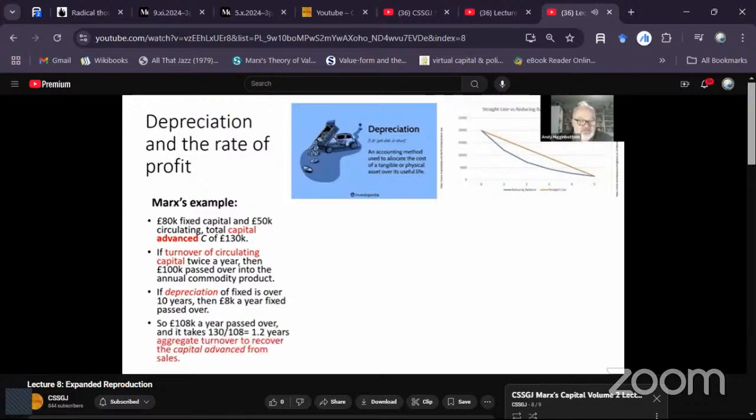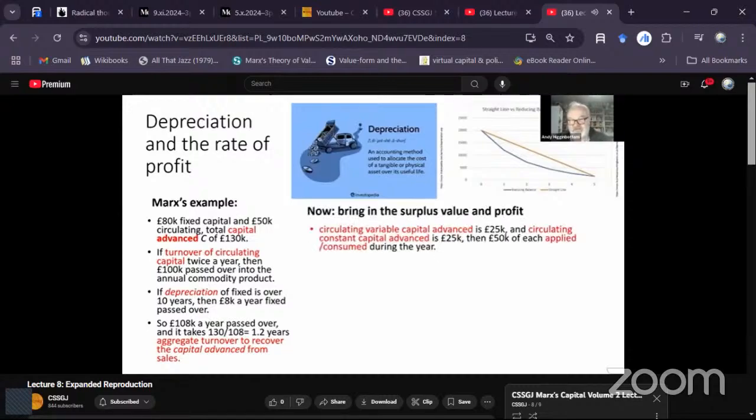But you can change the amount of capital advanced according to how fast circulating capital changes. But his default example was the aggregate turnover of these two put together, and it will take just over a year for the capitalist to get back the 130 grand which they advanced originally. So that's an idea of the turnover of the total capital advanced.